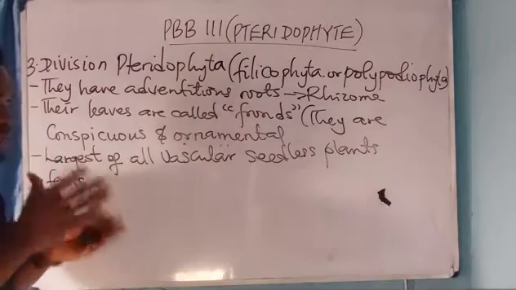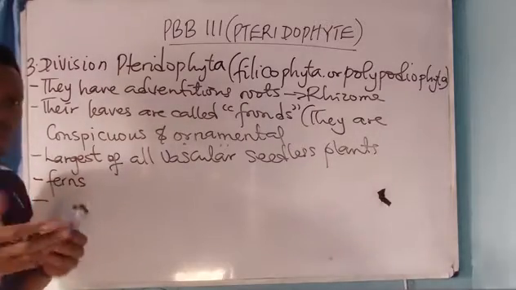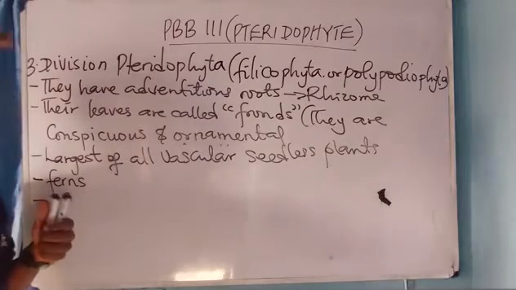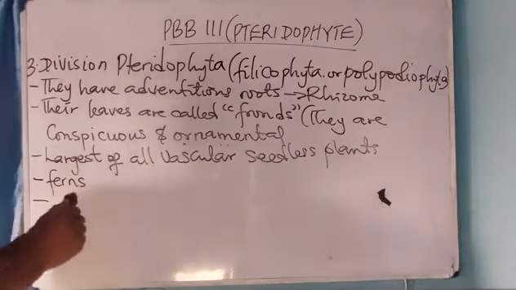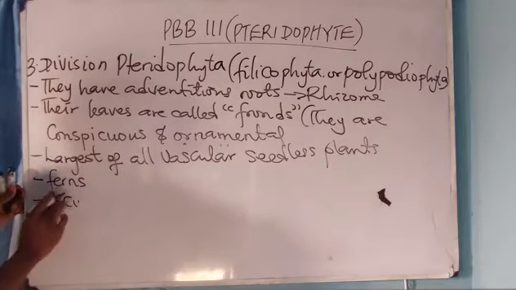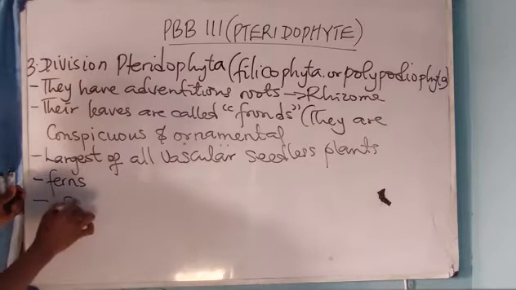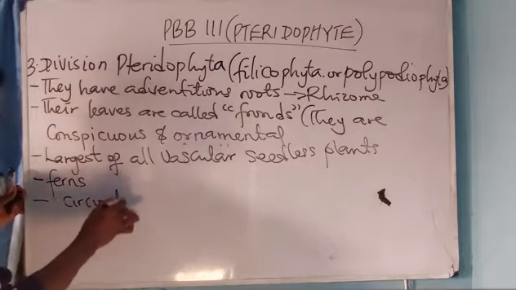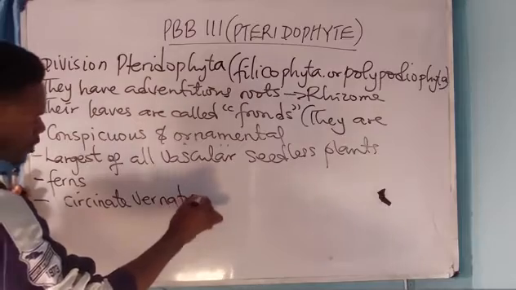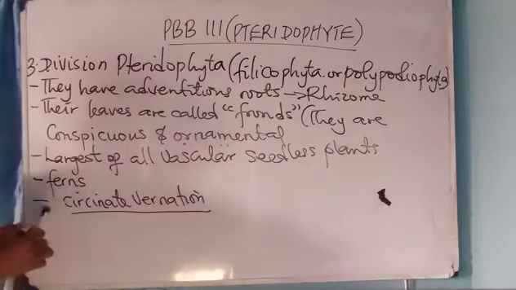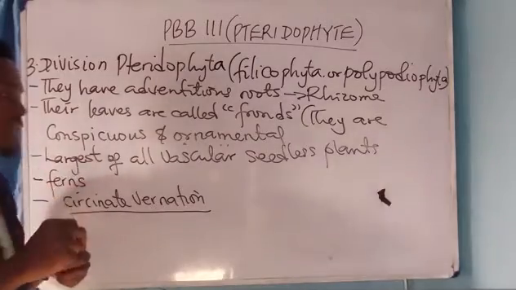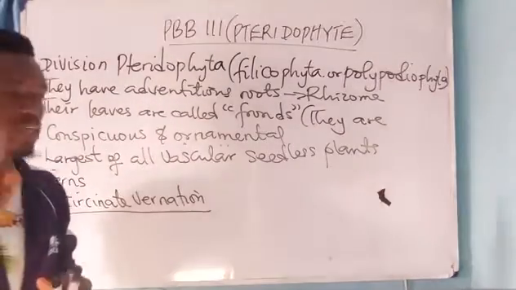That is the way their leaves grow. Now, this type of growth is called circinate venation. Circinate venation is a type of growth in which the lower leaves of pteridophytes grow faster than the upper leaves. Take note of that.